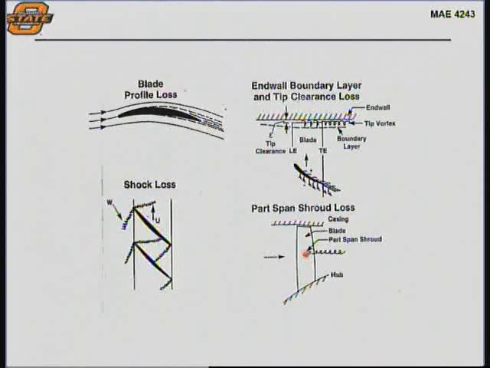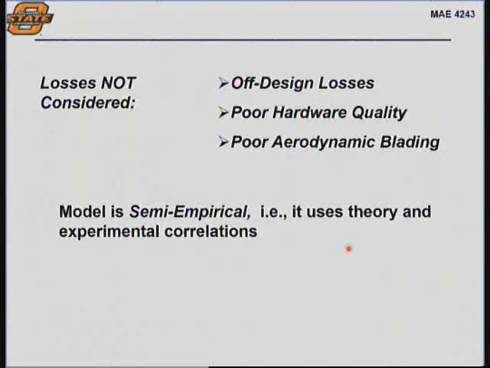Well, the presence of these things that sit in between actually blocks part of the flow through the flow passage. They create loss, and so there's a loss due to what's called the part span shroud. What's not considered are any off-design losses, any losses due to just poor hardware quality, or just bad aerodynamics. So the model is semi-empirical, which just means it uses theory and experimental correlations together.